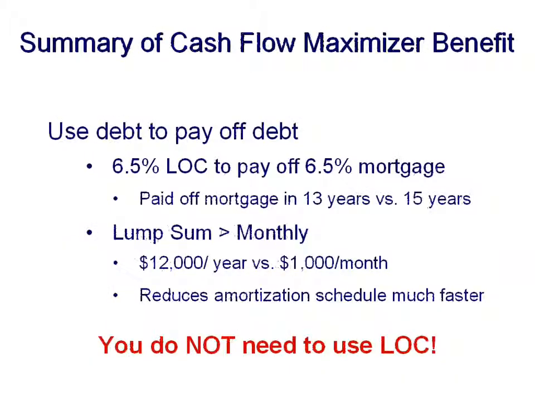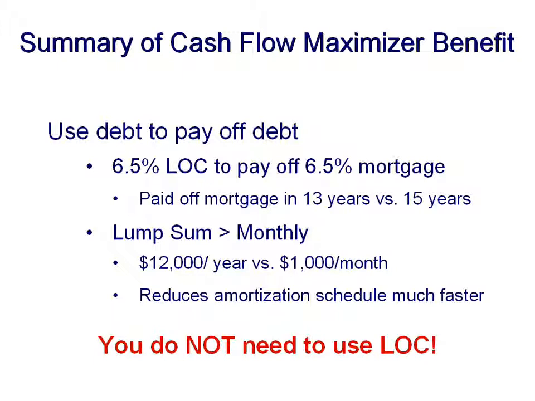Okay, so let's take a little summary of the cash flow maximizer benefit. Basically, Joe's using debt to pay off debt. He's using a 6.5% line of credit to pay off a 6.5% mortgage.